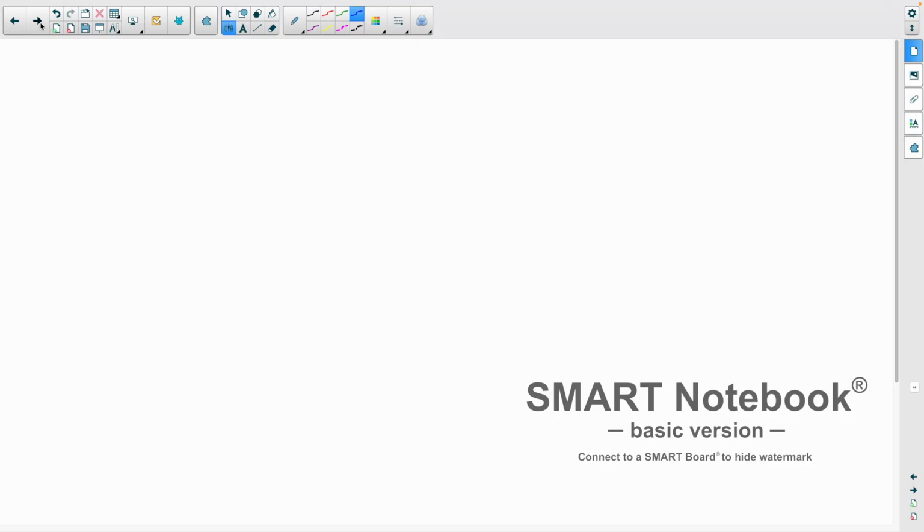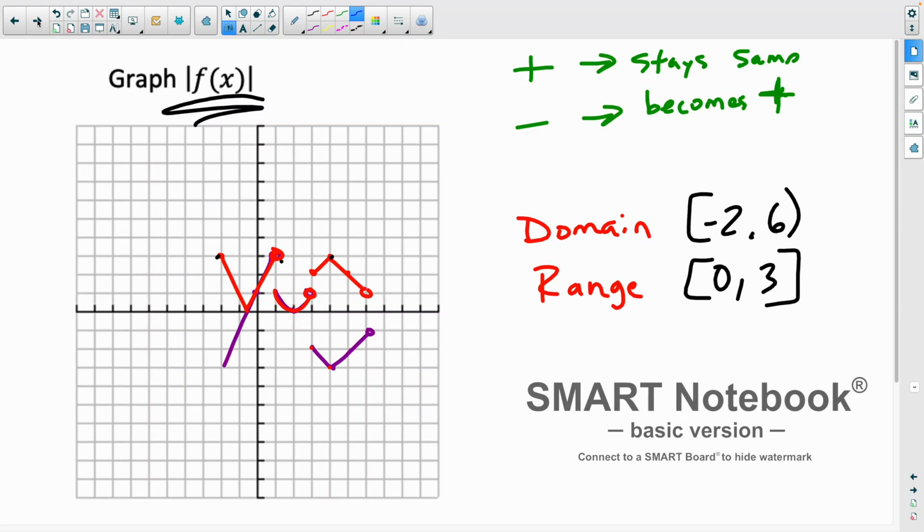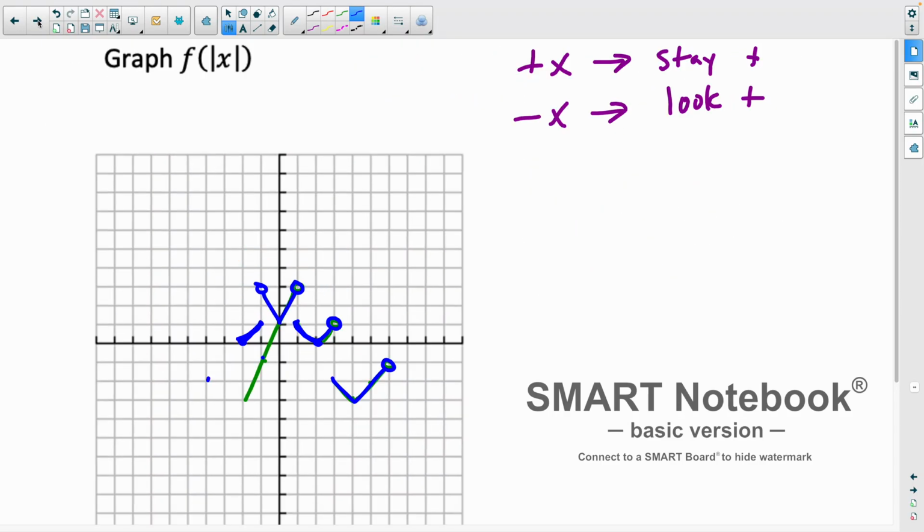That's why I wouldn't go all the way and graph the whole piece. Okay? So the right side stayed the same. The left side, it's reflected. It's like the negatives went away. It's acting like the positives on the right side. So the negatives are going to reflect the positives. Okay?